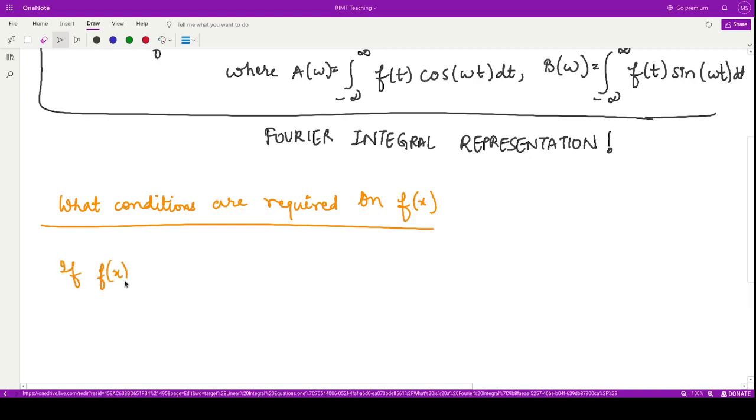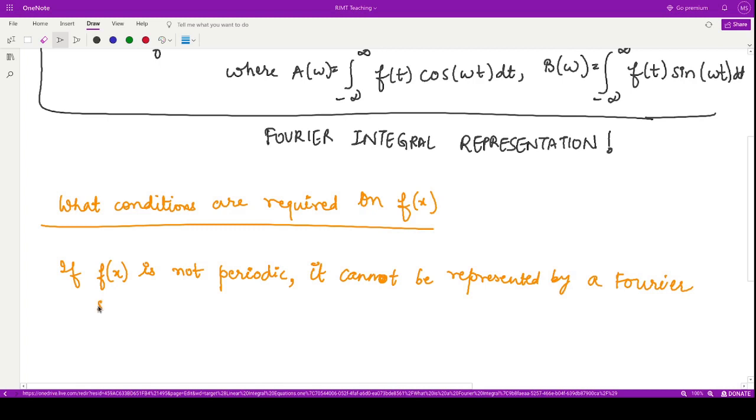If the function f of x is not periodic, then it cannot be represented by a Fourier series over the entire interval.